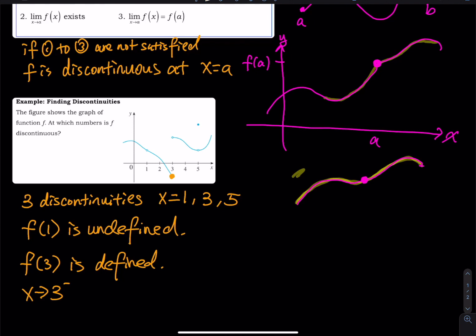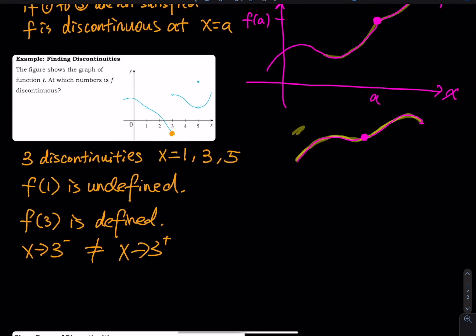So it's not equal to x approaching 3 from the right. As x approaches 3 from the right, you are right here, right? You get a positive y. As x approaches 3 from the left, you get a negative y. So they are not the same. As x approaches 3 from either side, they are not going to be connected. So when x equals positive 3, the function is not continuous.